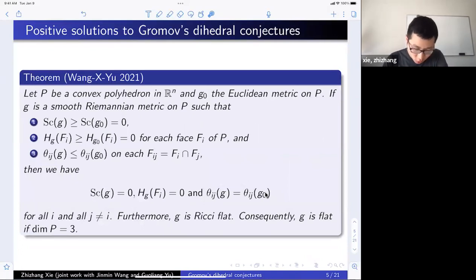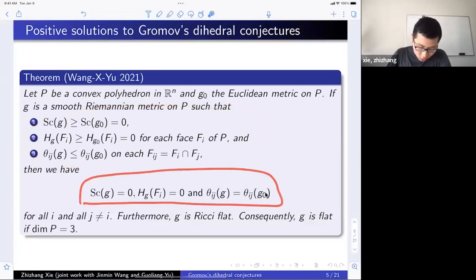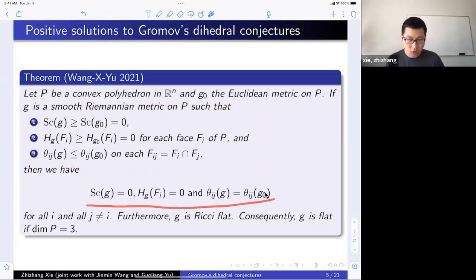So here's what we did: indeed these two conjectures are true. Here's the theorem. We just say when P is a convex polyhedron in R^n, and when these three comparison conditions on scalar curvature, mean curvature, and dihedral angles are satisfied, then yes, the scalar curvature has to be equality instead of inequality. But this is for the extremal part.